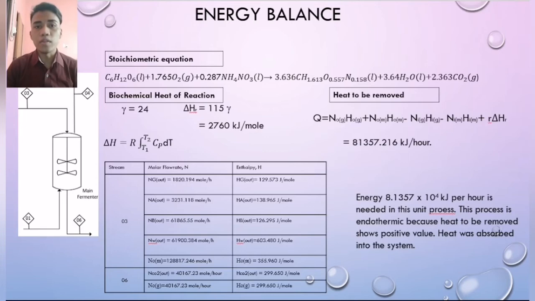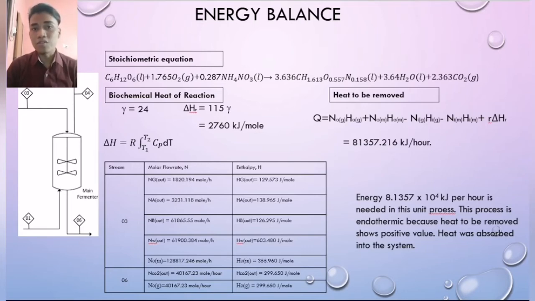Enthalpy can be calculated using the formula enthalpy equal to R constant multiplied with integration of heat capacity in change of temperature. Then every molar flow rate of element is added to get total molar flow rate of each stream. Same goes with enthalpy of all elements to get total enthalpy of each stream.